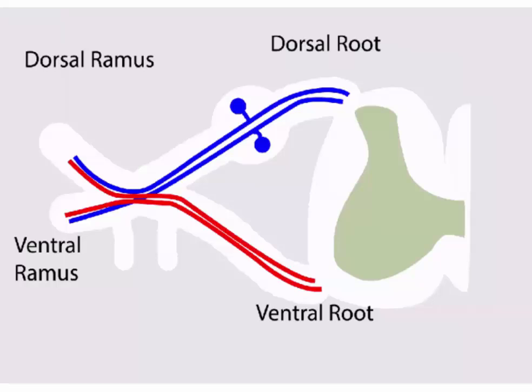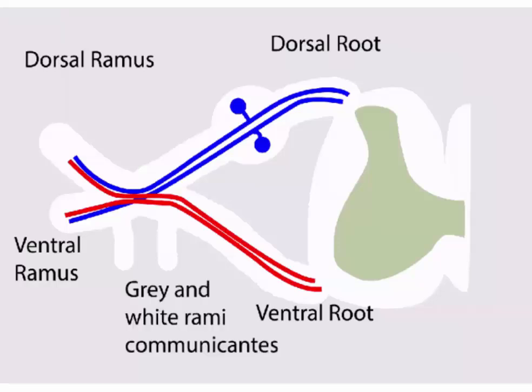The ventral ramus at each level, on the other hand, is often much larger and contributes to the various plexuses, so to the brachial plexus, lumbar plexus, sacral plexus, etc. And that carries sensory and motor supply to the rest of the body, the front of the body and the limbs and so on. The final two little roots that we need to look at at the bottom here are the grey and white rami communicantes.